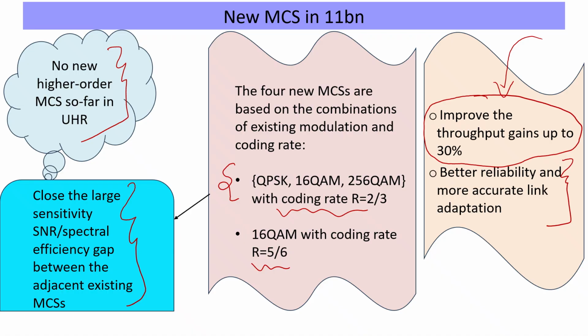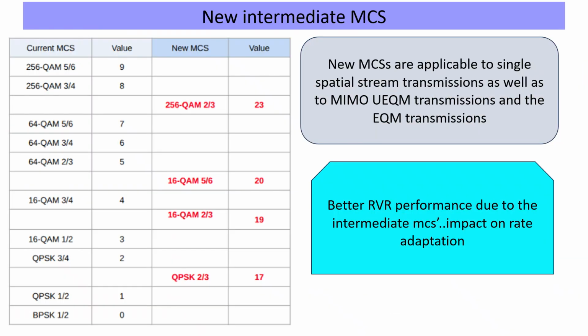So ultimately, what do we get? As you can see, from the lowest to the highest, there have been newer modulation and coding states put in between the older states. Okay. So this means that wherever we have identified those large gaps, considering both the spectral efficiency and the sensitivity, we are trying to fill in those gaps.